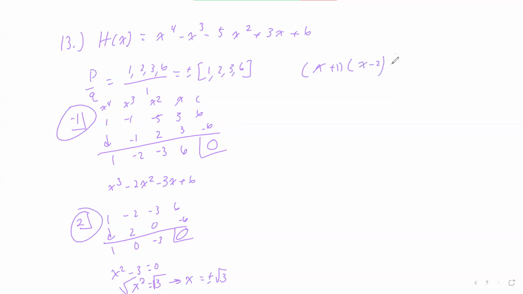And then using those factors, have x plus the square root of 3 and x minus the square root of 3. And then to graph that, I know I have a result at -1. 2 square root of 3 is between what? 1 and 4.